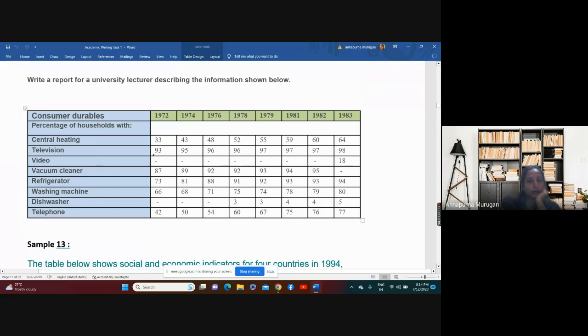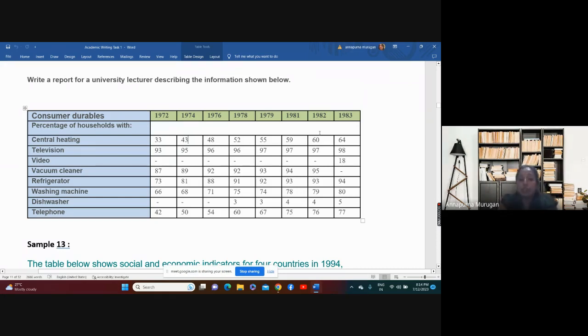Only the overall details you will be doing now. What overall detail will you be saying? In the span of 11 years, we could see that the number of central heating consumer products has increased over time. You can't write 33, 43, 48, 52 one by one. If you write, then you will have to write the complete thing.